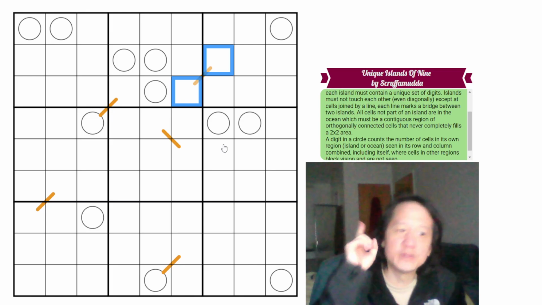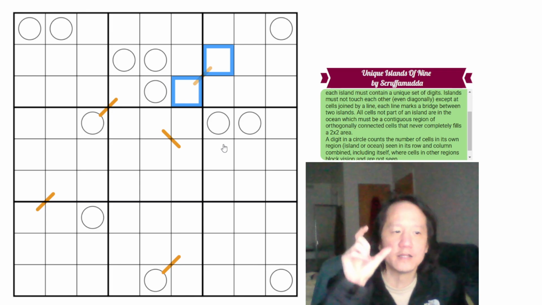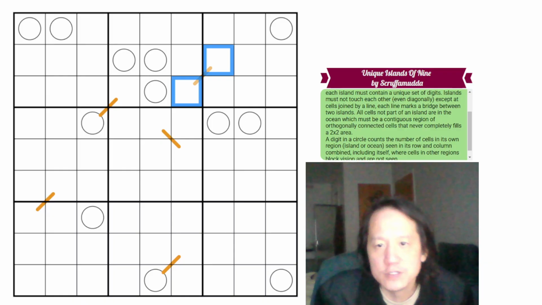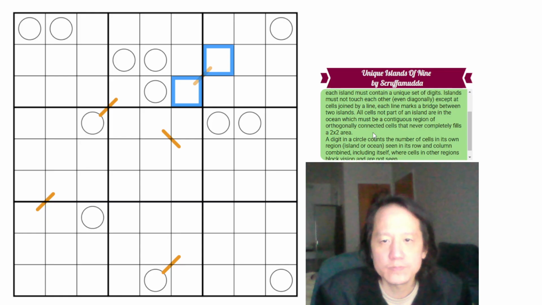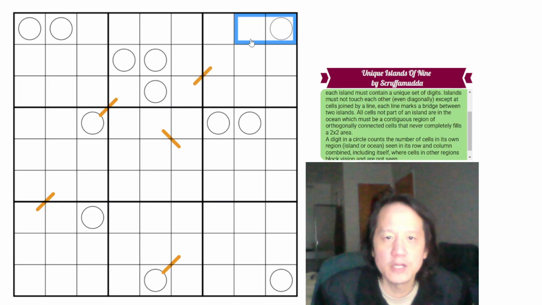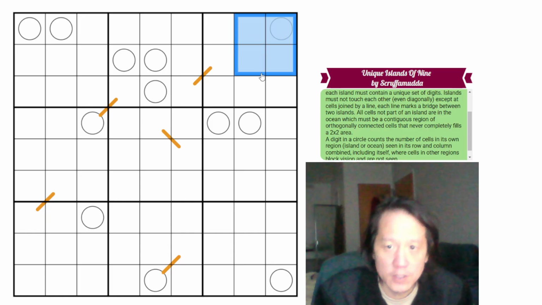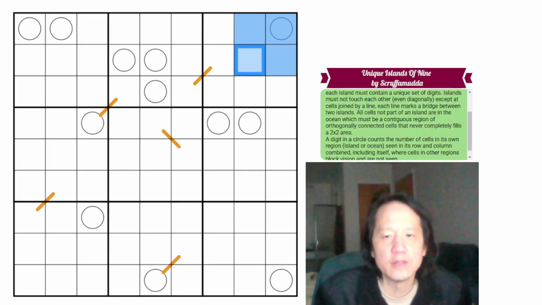And we do know that both of those are islands on both sides of the bridge. And the ocean can never be completely filling a 2x2 area. So for example, this would not be a valid ocean because we have a 2x2 area which is all ocean. So the ocean itself can never be completely in a 2x2 area.